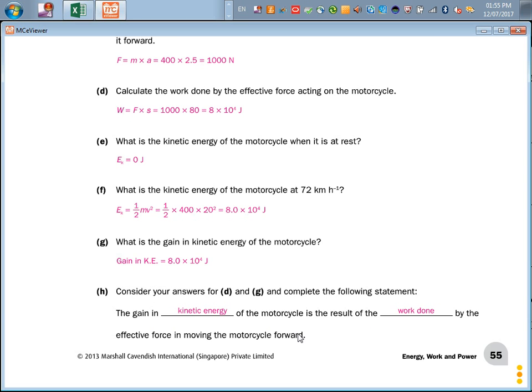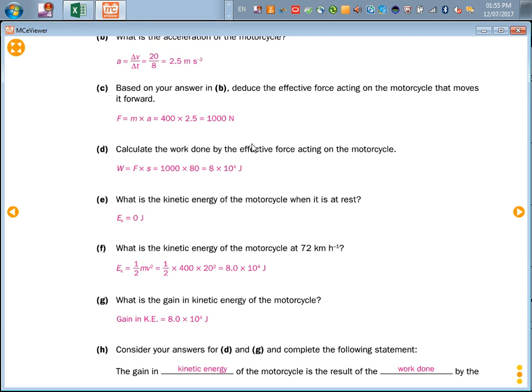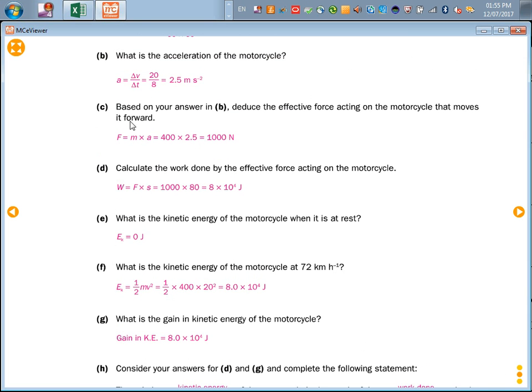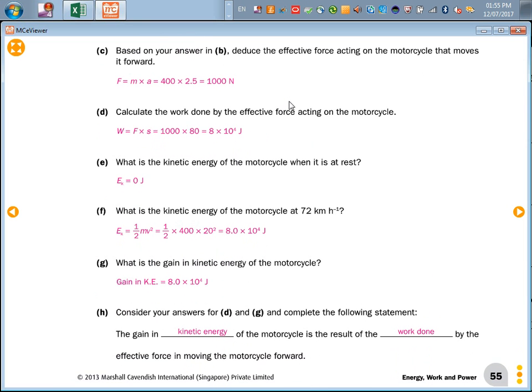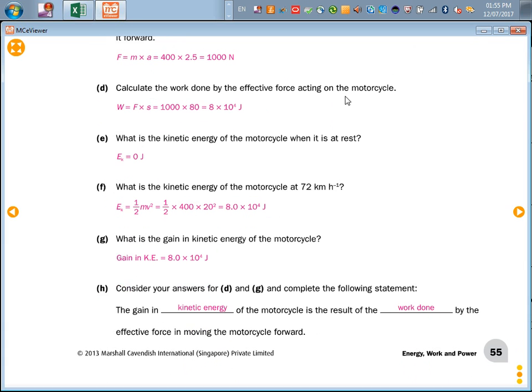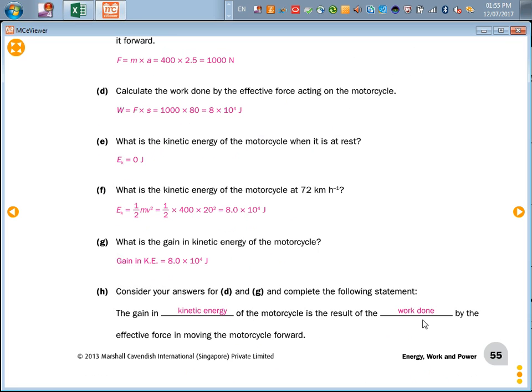And it is provided by the effective force at part C. This force provided the energy for work to be done. Okay, so kinetic energy is a result of work done by this force in moving it forward. Any questions?